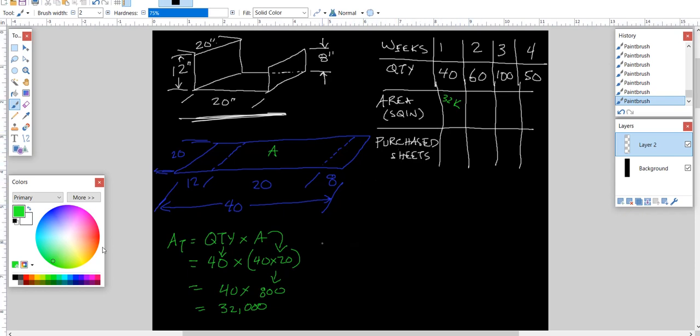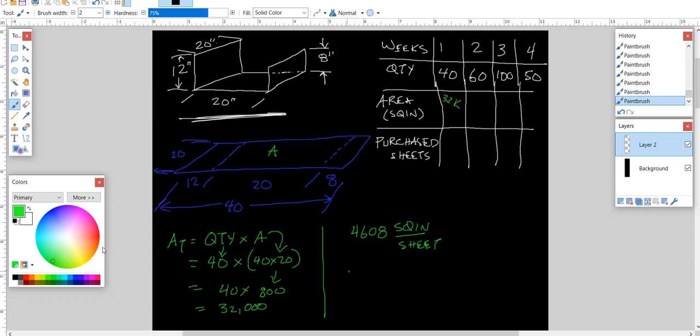So on a 4x8 sheet here, I know that I'm going to use that 4x8 sheet, the SM1, for this project, and so I should get 4608 square inches per sheet.